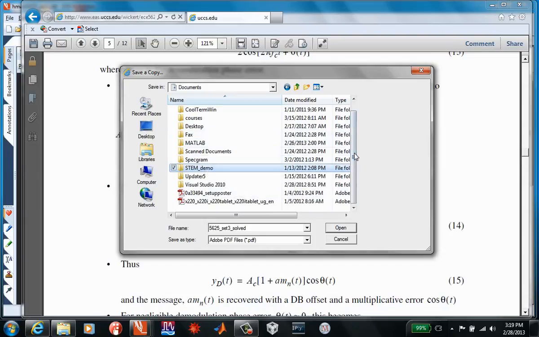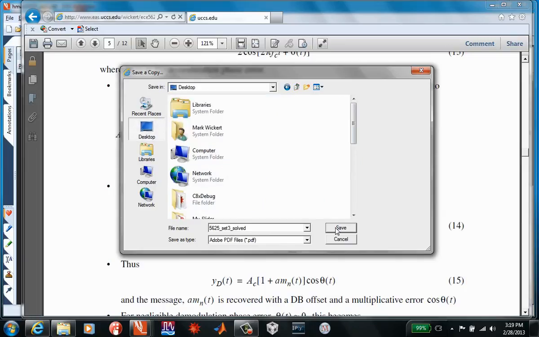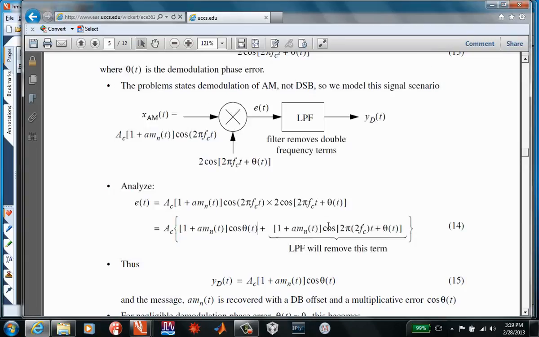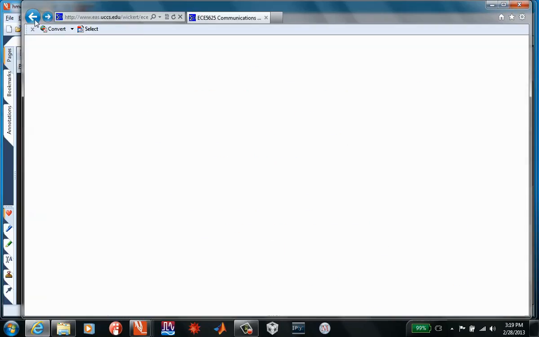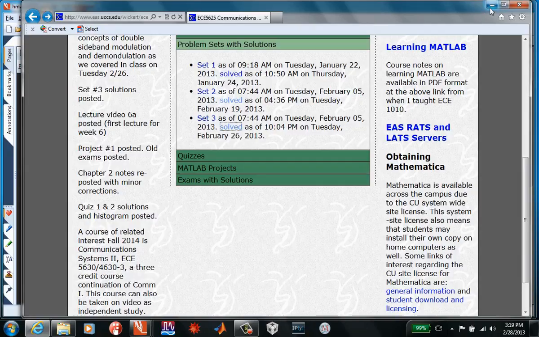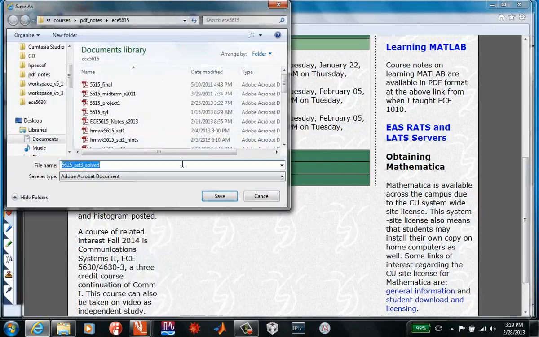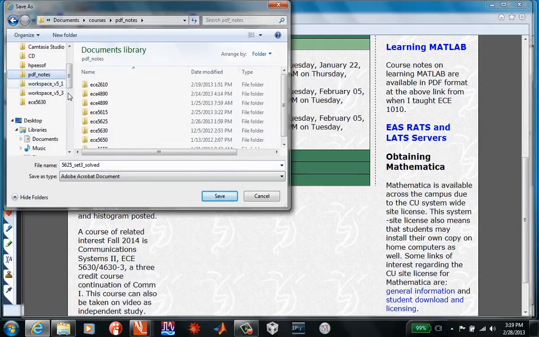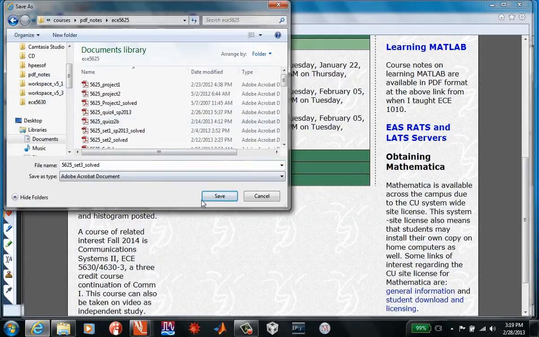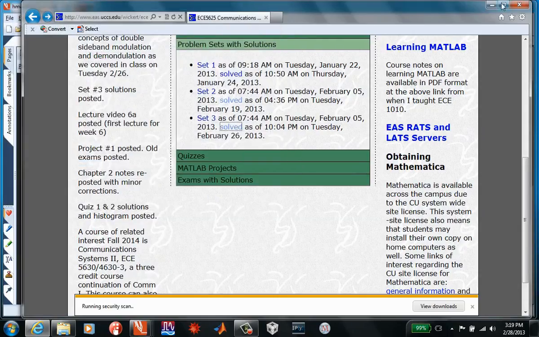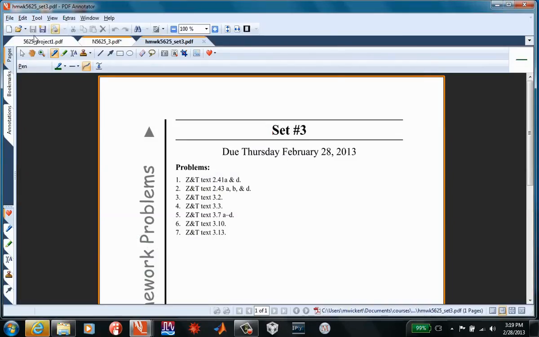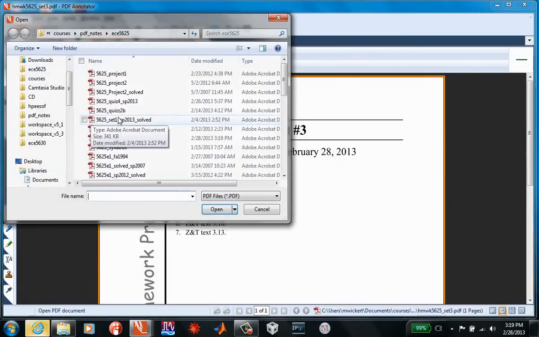Why can't I find the right folder at this moment? Actually, that doesn't work. Let me just poke this in here directly. Now it should be in here.